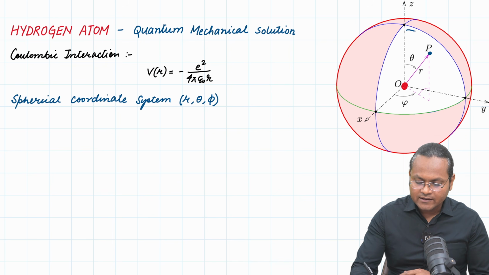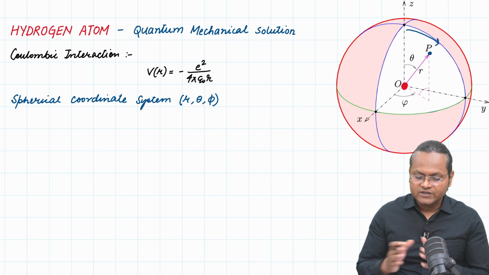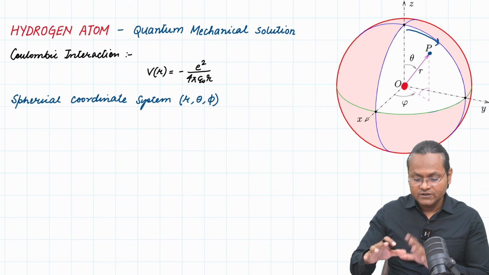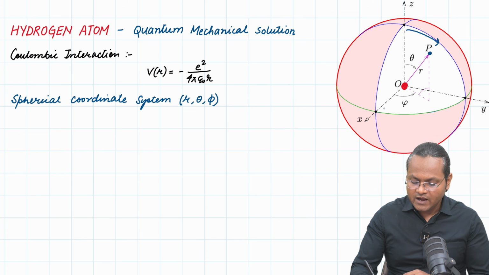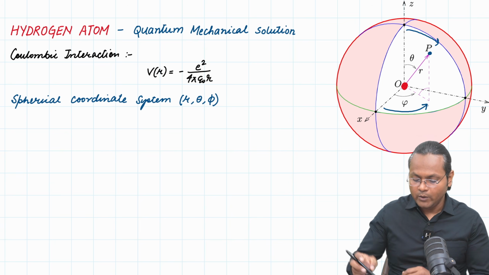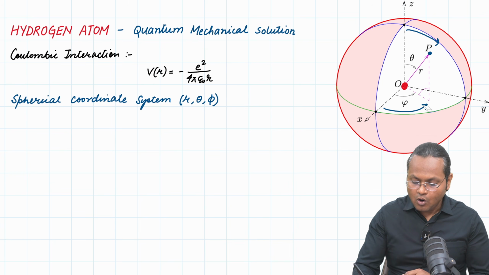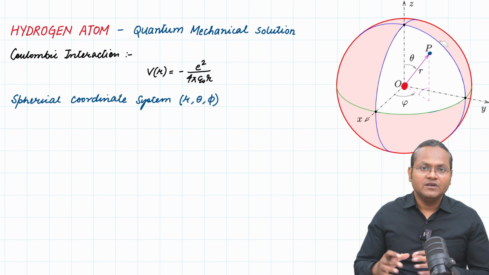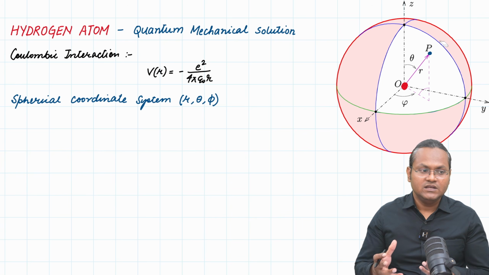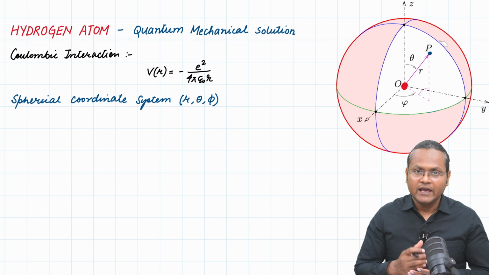Theta is the angular displacement with respect to the north pole of this particular diagram. And phi is the angular displacement along the equator. We will be relying on defining every single point in this vicinity with respect to r, theta, and phi.